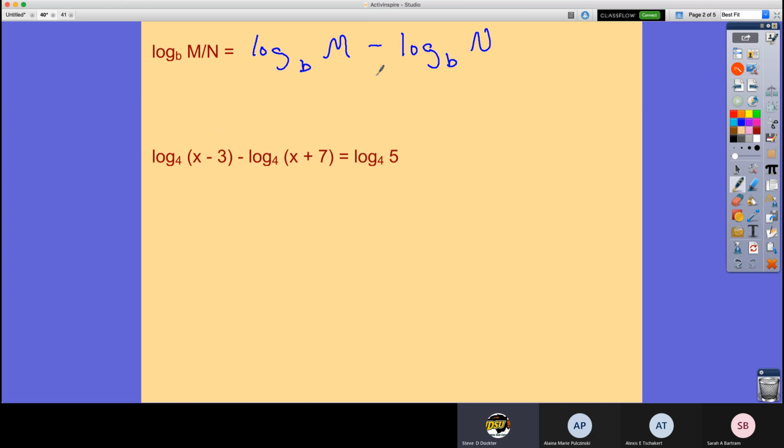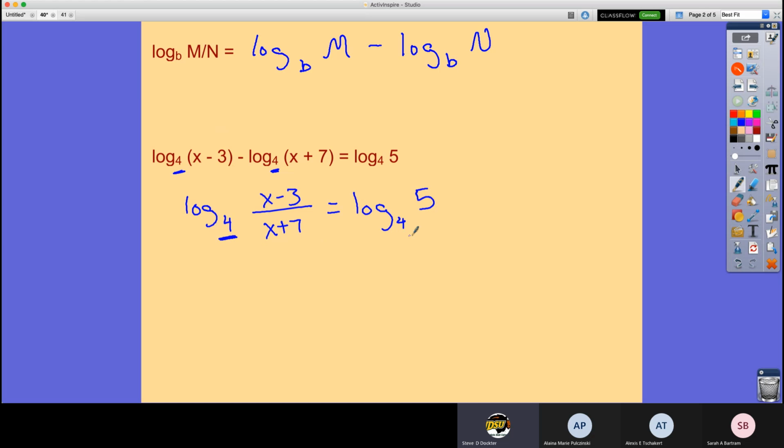If you look at the one down below, log 4 of x minus 3 minus log 4 of x plus 7 equals log 4 of 5. On the left side, because these 4's are the same, we can combine these two. Because it's a subtraction, we end up dividing these. So we get log 4 of x minus 3 over x plus 7 equals log 4 of 5. Once we get to this point, we can do the same thing we did on the last page.